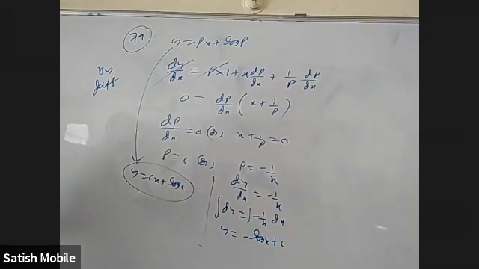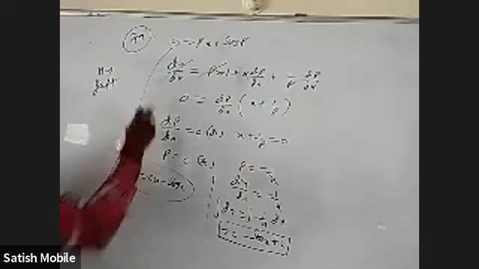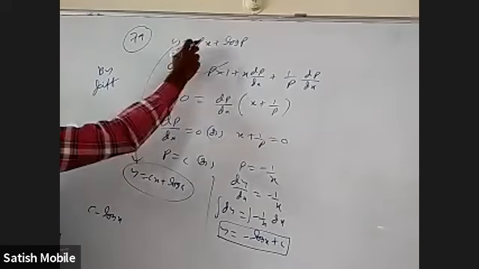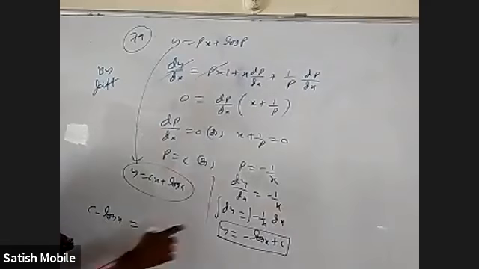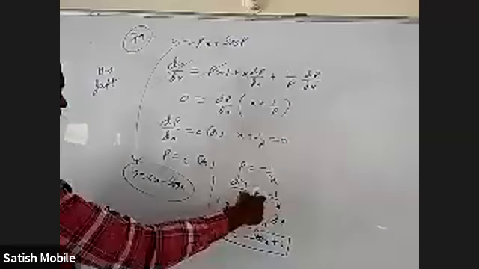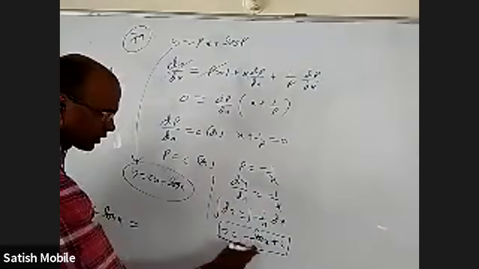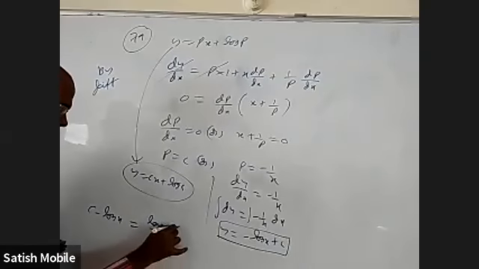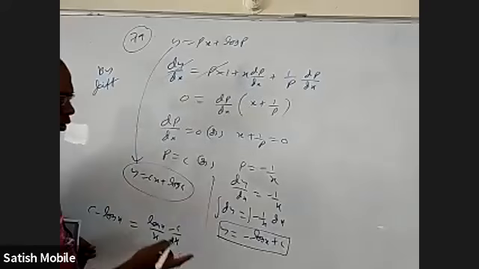If you want, let us try. Let us substitute this back and see whether it will satisfy or not. What is this y? c minus log x. What is the derivative dy by dx? Obviously minus 1 by x. So when I multiply these two, I'll get log x by x minus c by x. What about log p?